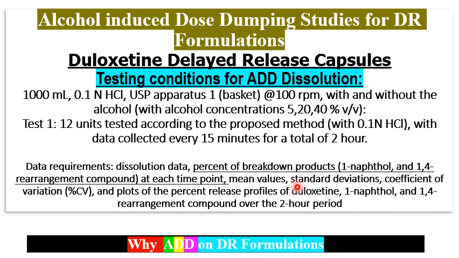Mean value, standard deviation, coefficient of variation, that is percent CV, and the plots of the percent release profile of duloxetine, 1 naphthol and 1 for rearrangement compound over the 2 hour period are required to be generated. So along with the dissolution, the impurity generation data is also required.